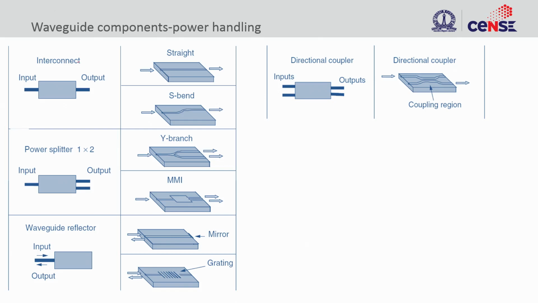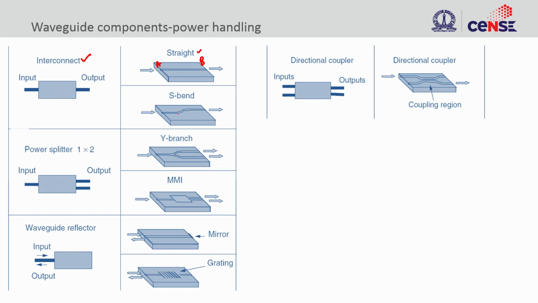One is a very simple interconnect. That means you want to transport light from point A to point B, right. You can realize that by using a straight waveguide. This is a planar implementation of the functionality here. But you can also use bends for that.